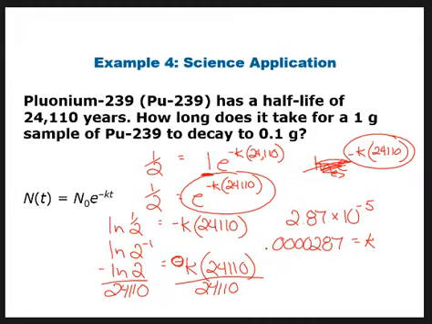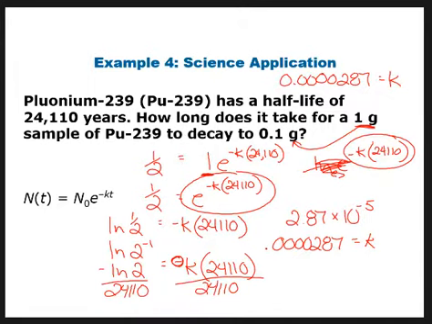Now I'm actually going to write this up here a little bit. 0.0000287 is my K. Now what that's going to allow me to do is go back and figure out, based on the numbers that I have here, how long 1 gram is going to take to decay to that.